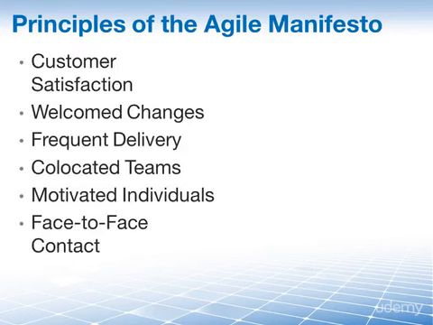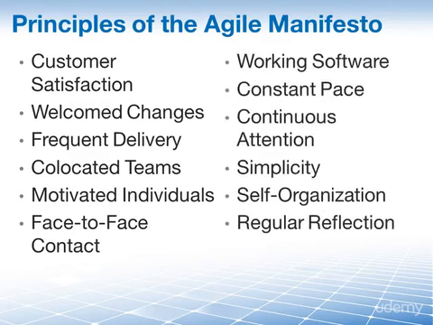Here they are: customer satisfaction, welcomed changes, frequent delivery, co-located teams, motivated individuals, face-to-face contact, working software, constant pace, continuous attention, simplicity, self-organization, and regular reflection. So these are the 12 principles behind the Agile Manifesto.